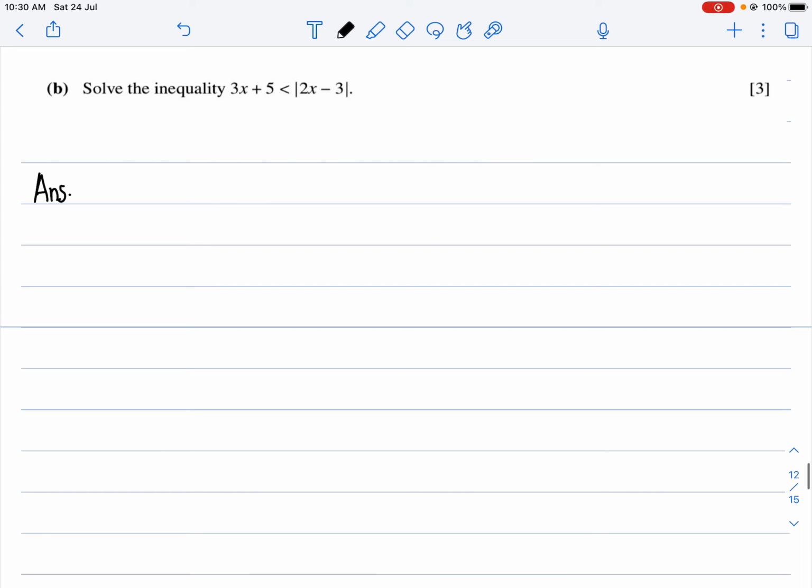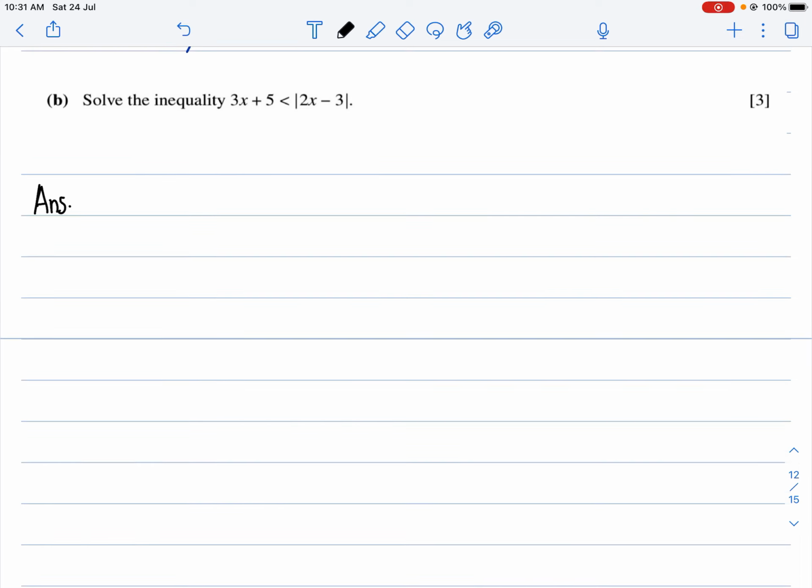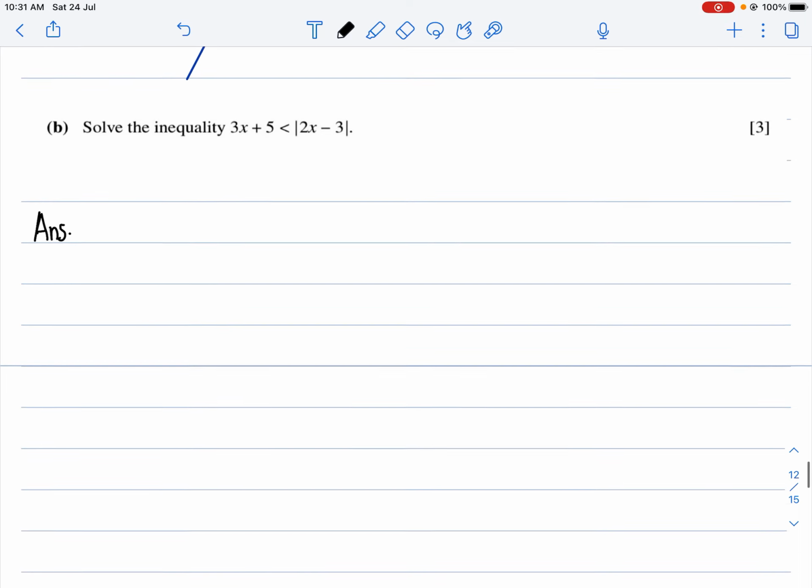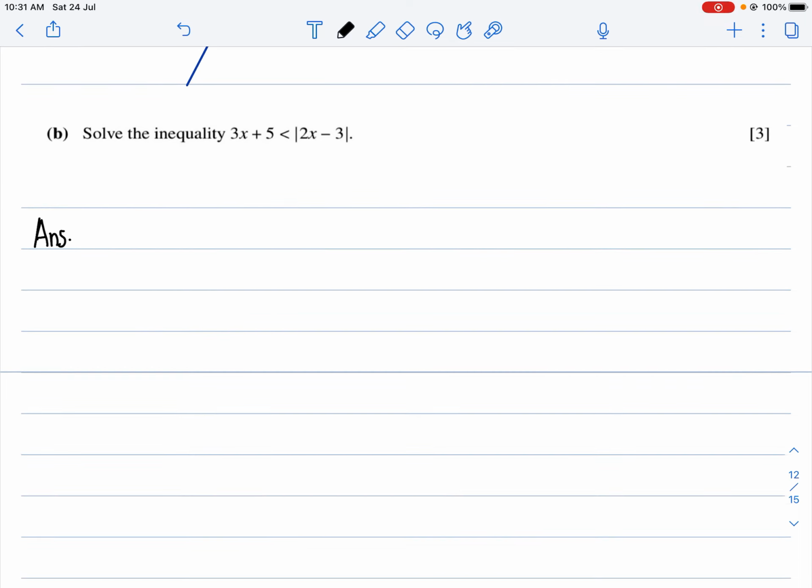Or the second thing, the smart thing, is using the graph. So basically, first calculate something called the point of intersection. Basically, where are the graphs intersecting?